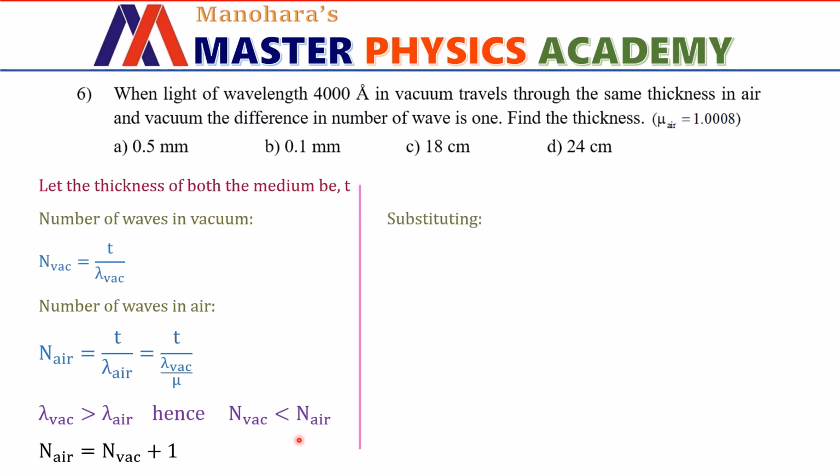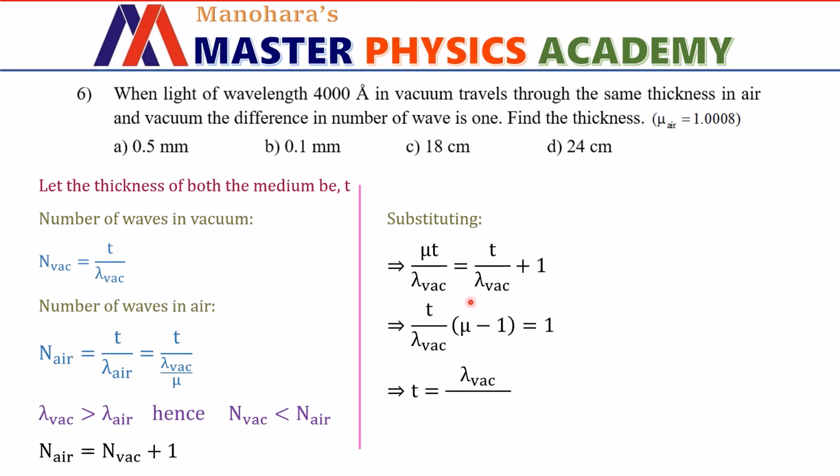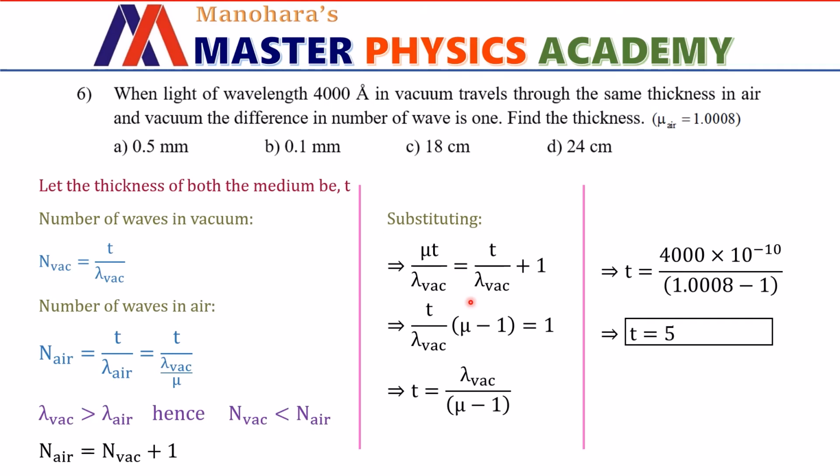Now substituting for n air and n vacuum, we have this equation. Going on simplifying, we'll get the final answer for the thickness of the medium as 5 into 10 to the power minus 4 meter, which is 0.5 millimeter, given in option A.